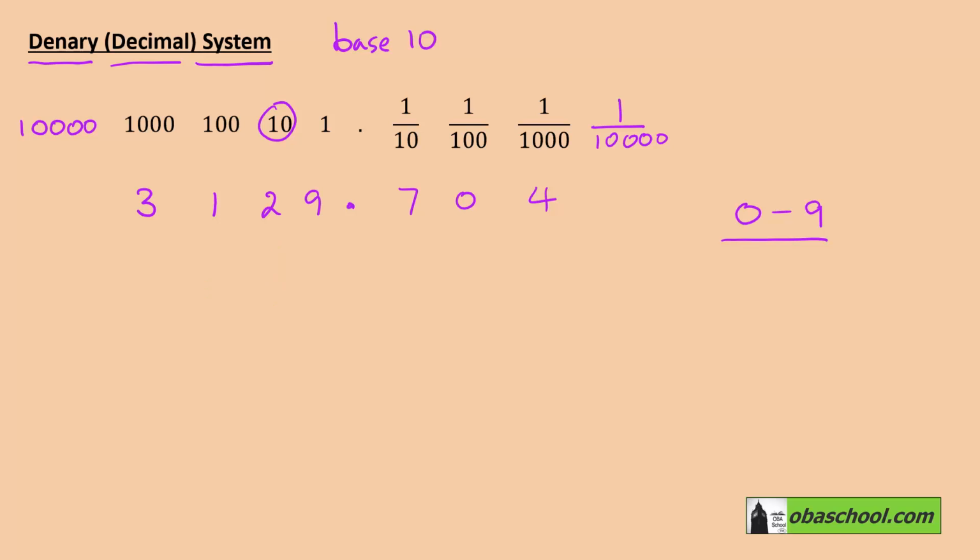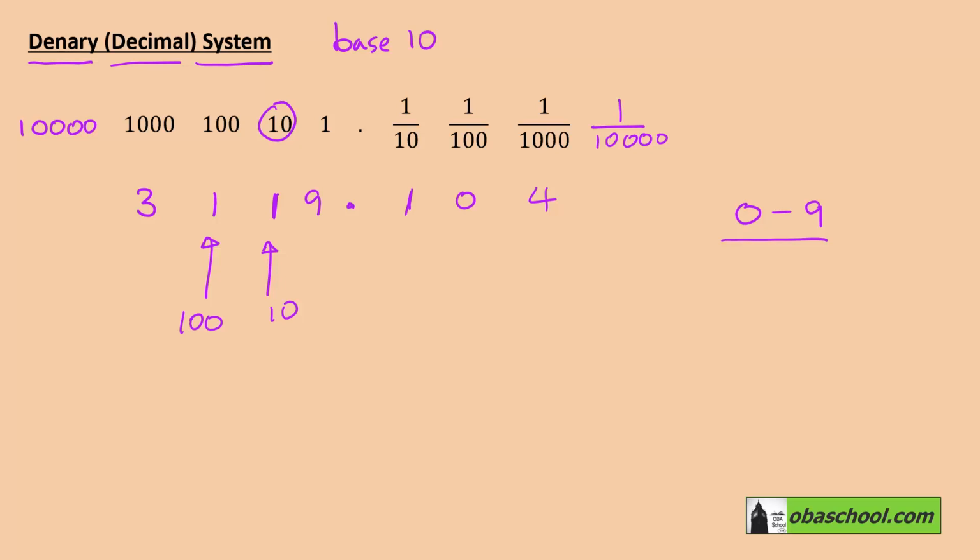Each column represents numbers that are 10 times bigger than the column before. So for example, if this was a 1, this would represent 10, but this one here represents 100. So it's 10 times as many.